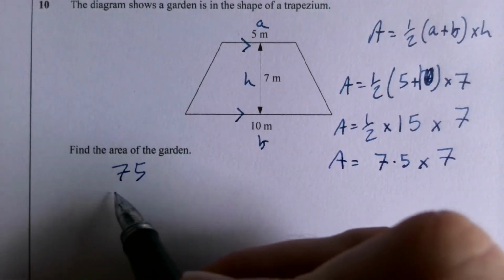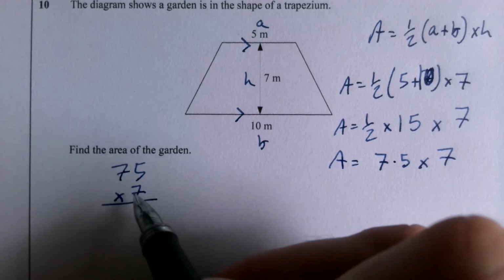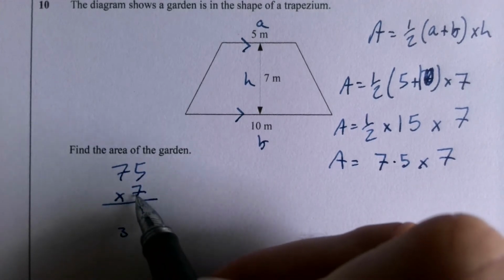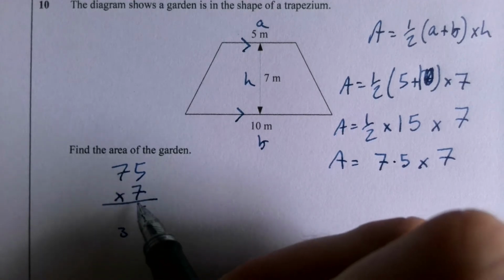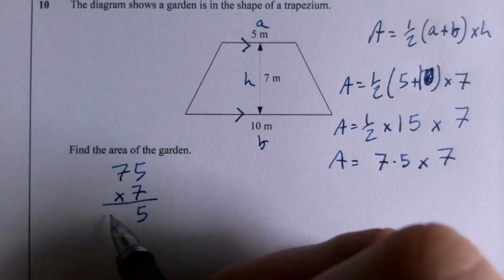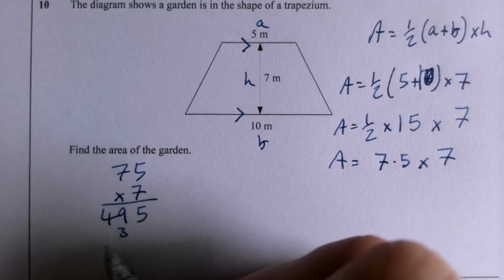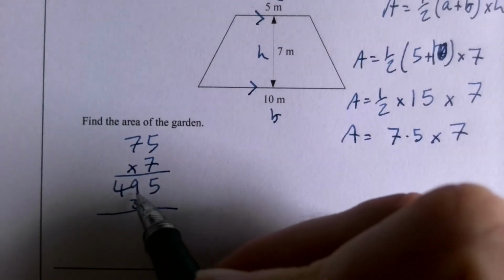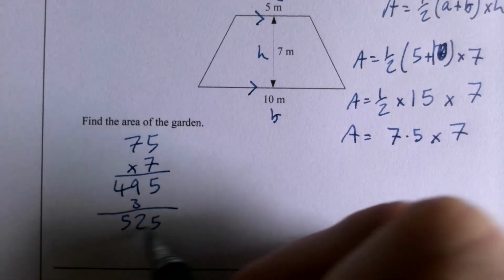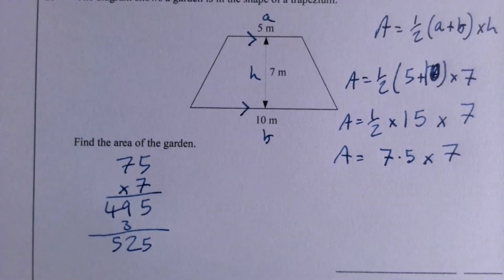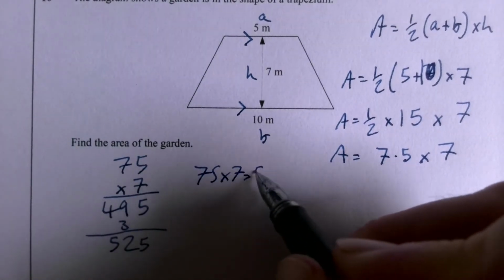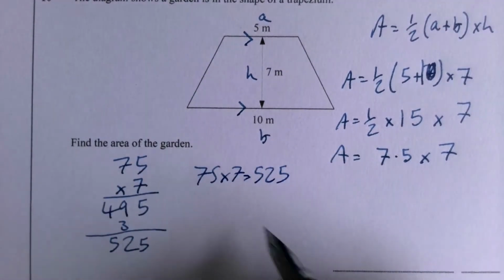We'll begin by doing 75 times 7. 7 5s are 35. 7 7s are 49. Add in the 3 gets us 52 there, so 525.